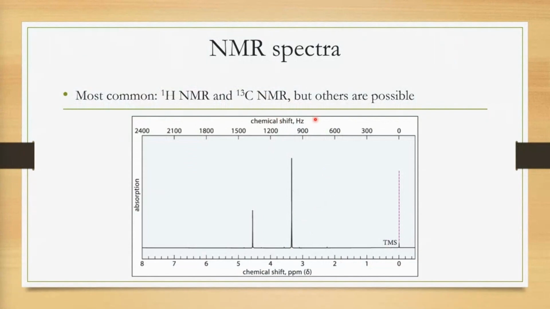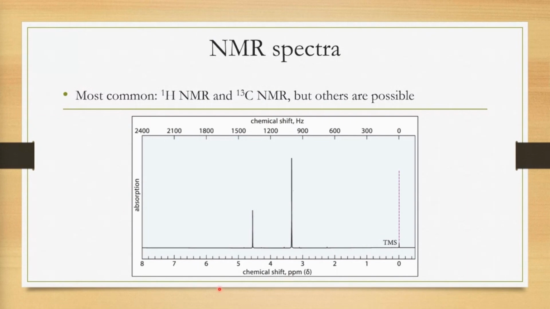And so this is a proton, so an HNMR sample. HNMR, carbon NMR are both very common. Others are possible, and you'll learn about that in the videos that you watch. But in our class, and I believe in Orgo 2, you'll only focus on proton and carbon NMR.